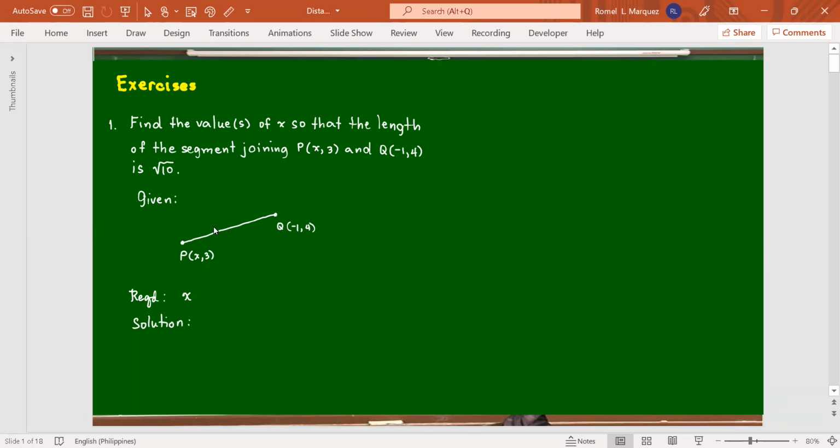From here, the distance or the length of PQ is what? Square root of 10. So using the distance formula, we have the distance between P and Q, or the length of that segment, is equal to the square root of (x_q minus x_p) quantity squared plus (y_q minus y_p) quantity squared.